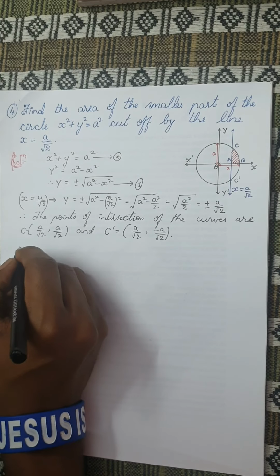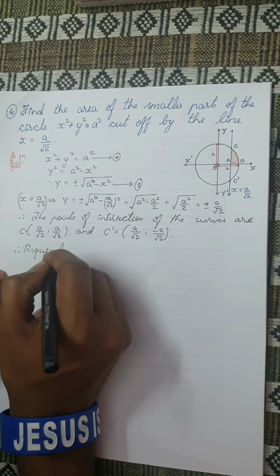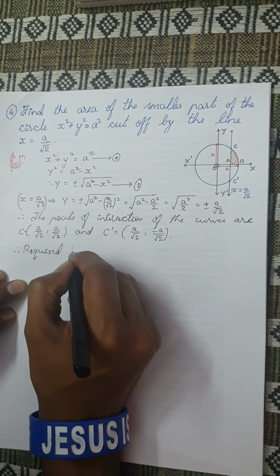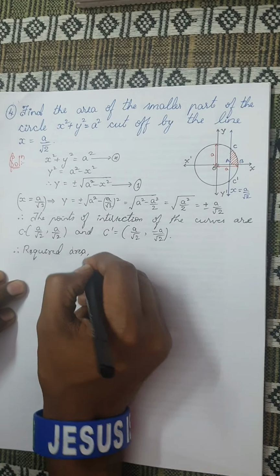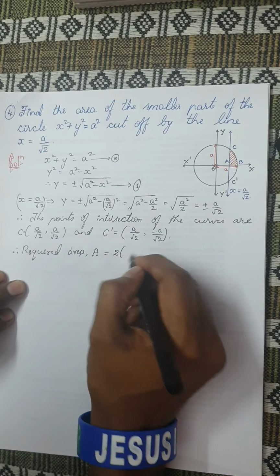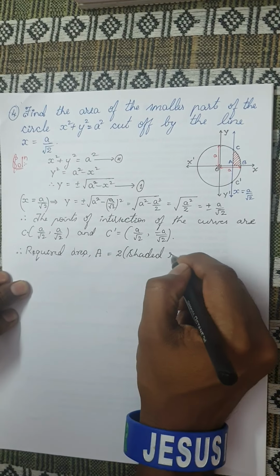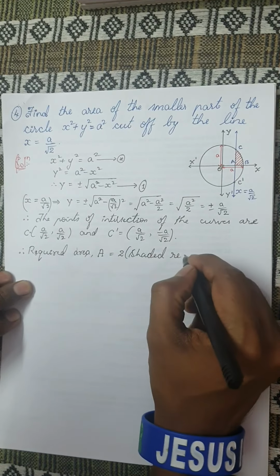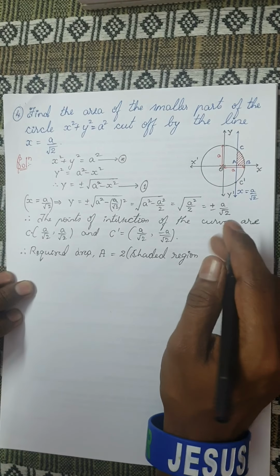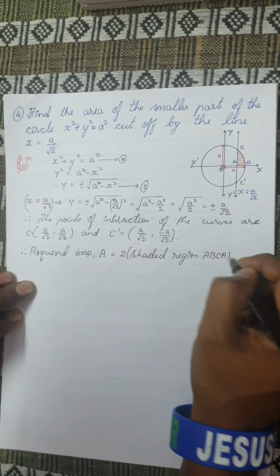Okay, therefore let me find my required area. The required area A is, as I told you, 2 times the shaded region. What is the shaded region? It is ABCA.